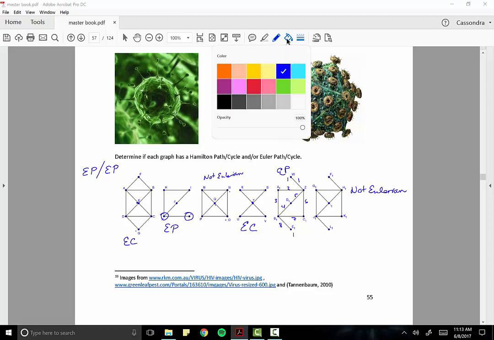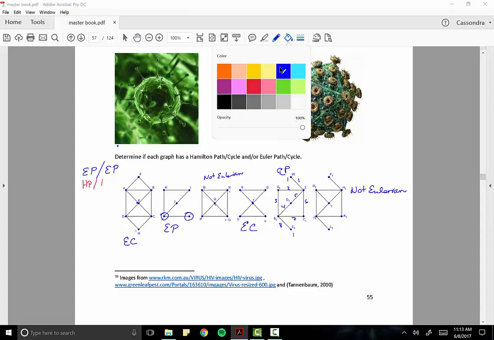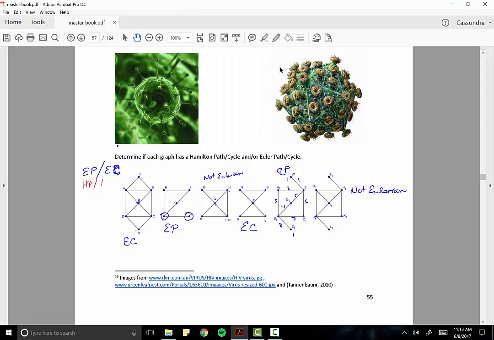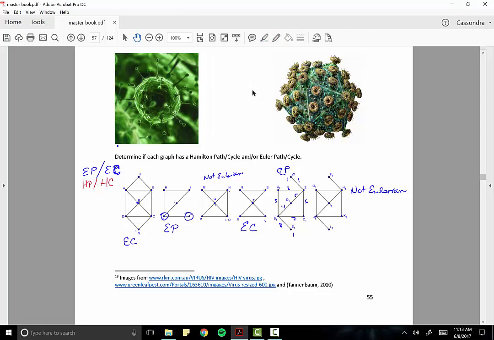Alright, I am now going to do Hamilton cycles in red. We have actually no properties that tell us whether or not we have a Hamilton cycle.